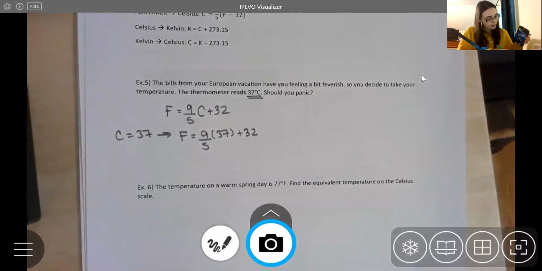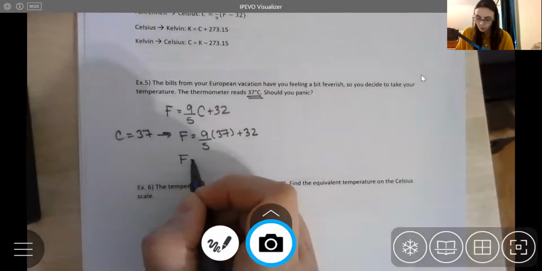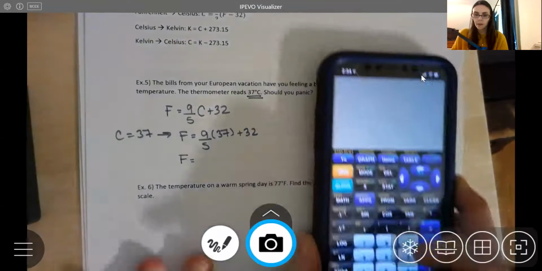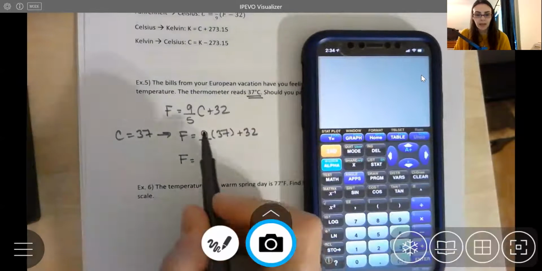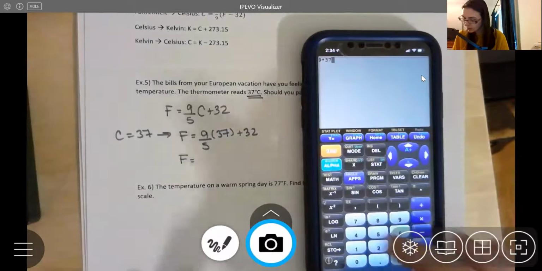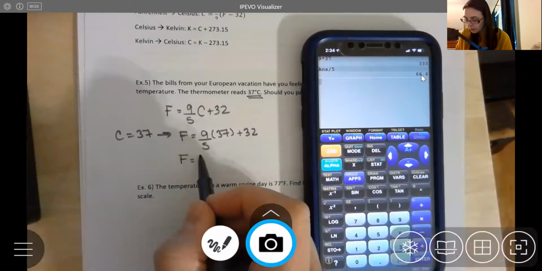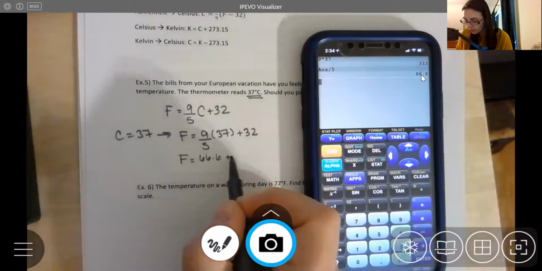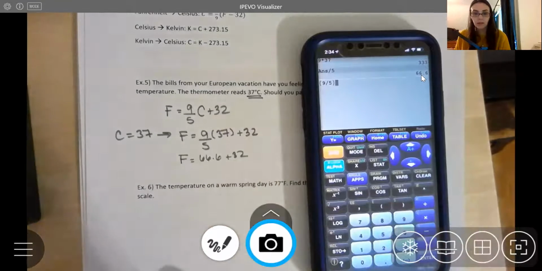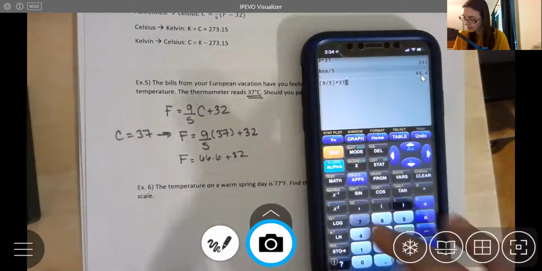The biggest thing here that you may have an issue with is maybe your calculator. When you multiply, you just want to keep in mind that this is one fraction, so you can either do 9 times 37, so do the numerator first, and then divide by 5, or keep the 9/5 in parentheses and then just multiply by 37.